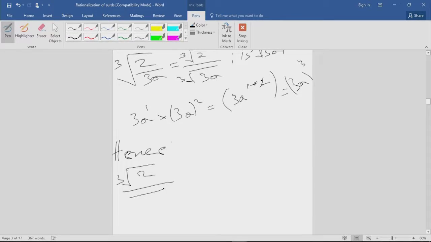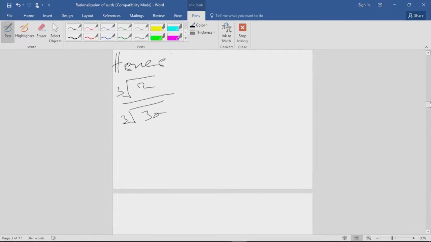Okay, so moving on in solving this, hence we have the cube root of 2 all upon the cube root of 3a. So what will this end up giving us? We have to multiply both numerator and denominator by a rational value there.